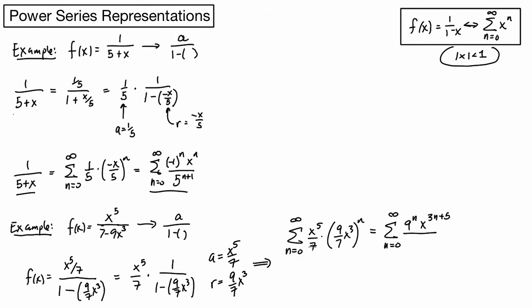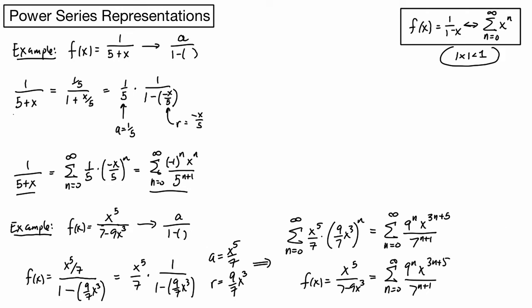Across the denominator, you've got just 1 7 here, and you've got n 7s here, so you have 7 to the n plus 1 in the denominator. So this is another power series representation. I can represent the function x to the 5th over 7 minus 9x cubed. I can recognize it as being this sum, 9 to the n x to the 3n plus 5 over 7 to the n plus 1.